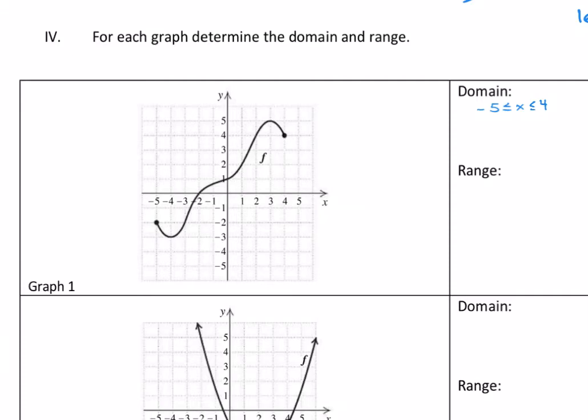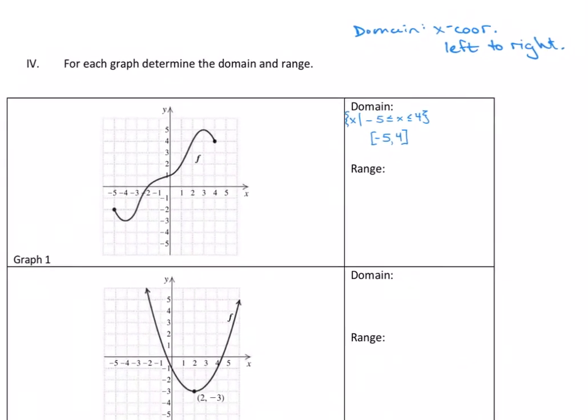This is what you would write in set notation. Now remember that in set notation, we do need our squiggly brackets, we need our x, and we need our line. Now if I did this using interval notation, my leftmost value is -5, my rightmost value is 4, and I use square brackets on both of these because it is included. All right, so that is domain.